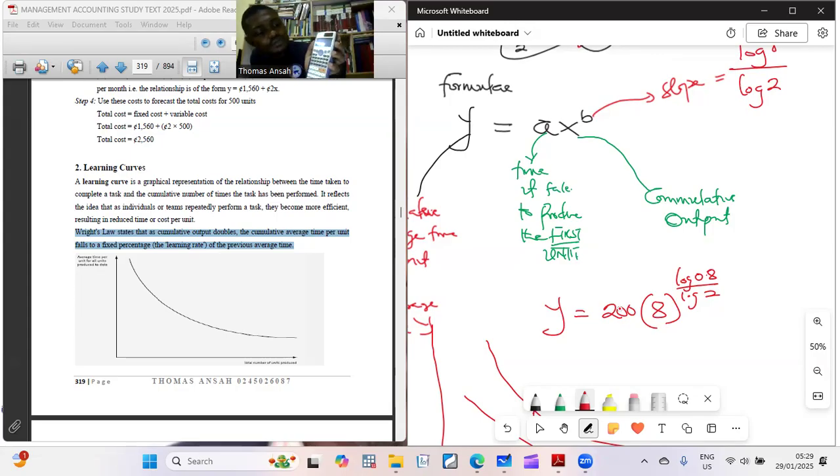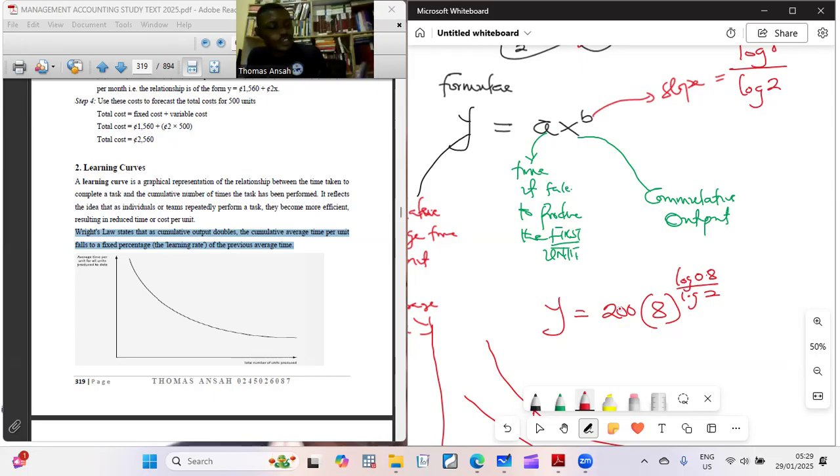When you click log, a bracket comes, so when you finish typing, you need to close the bracket. So I do 0.8 and close the bracket.